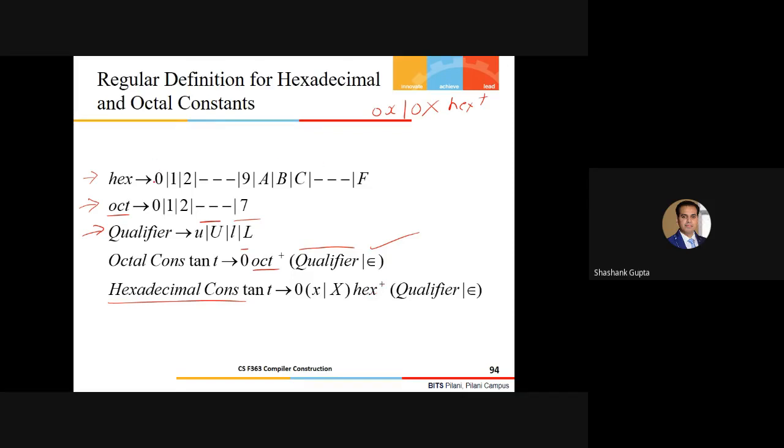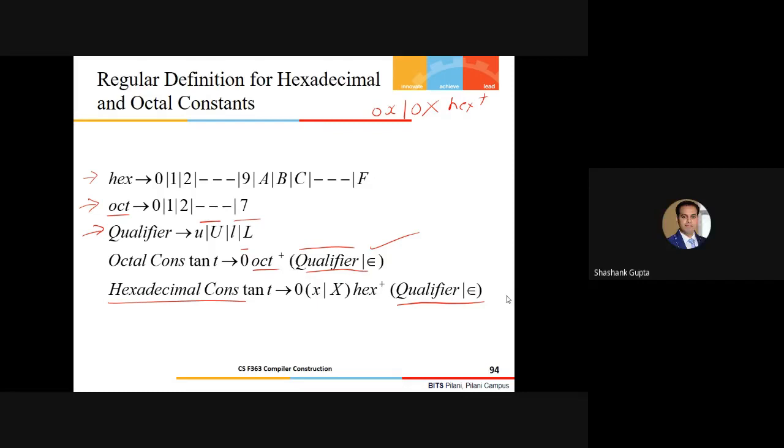And obviously the same thing which we did for the octal constant, that is the qualifier or the epsilon symbol here. Fine, guys. So this is how we have represented our informal specification using the concept of regular definitions. I think this is clear. No question up to this point?